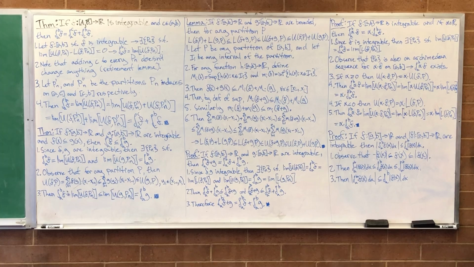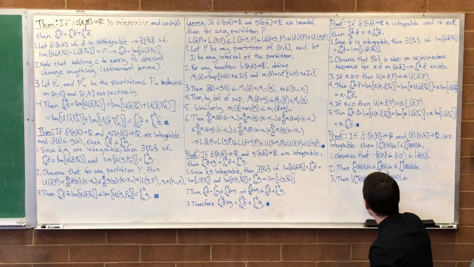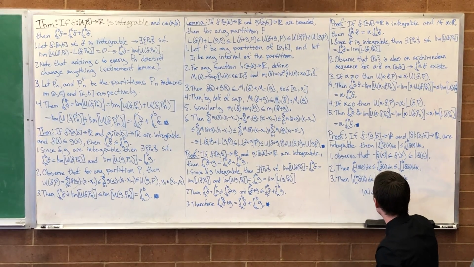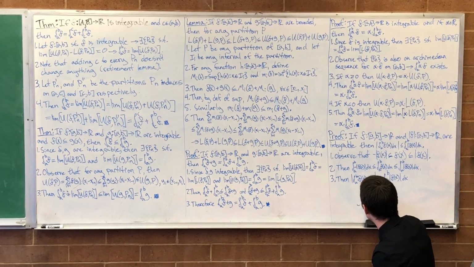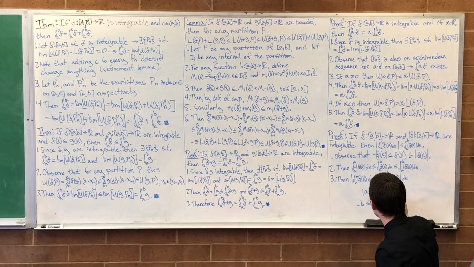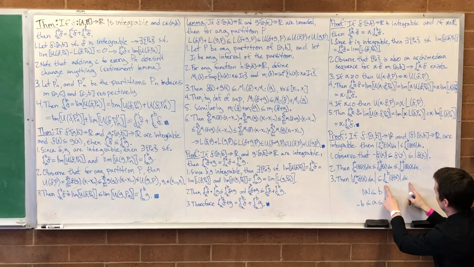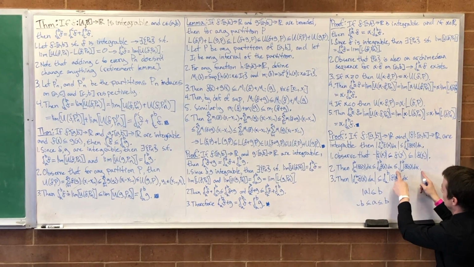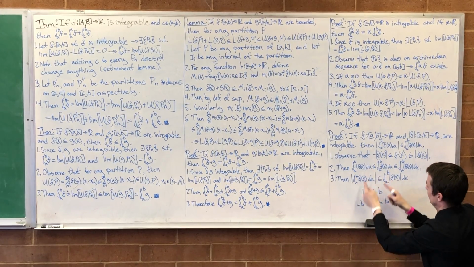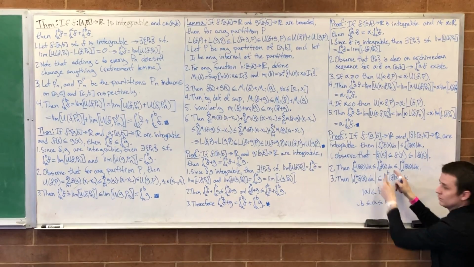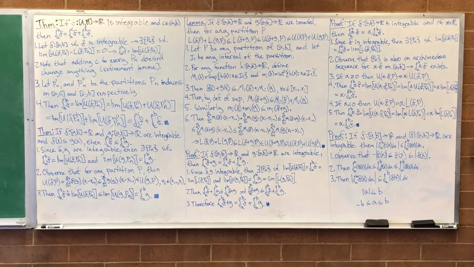Does that make sense? The same way that the absolute value of a is less than or equal to b is the exact same thing as negative b is less than or equal to a is less than or equal to b. Here's my b. Here's my negative b. Here's my a. Good? Okay, that's the last proof.